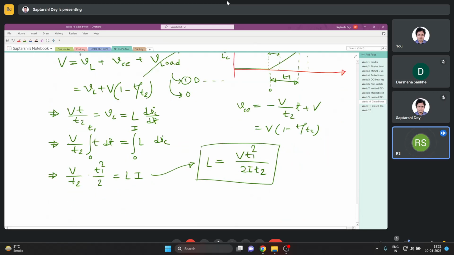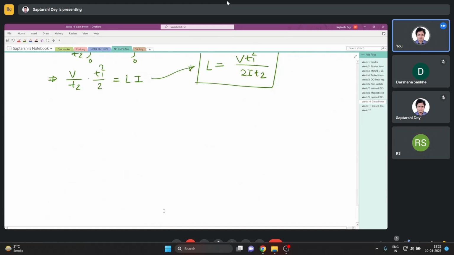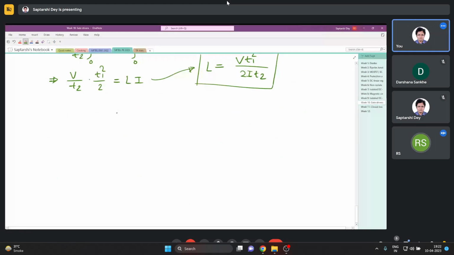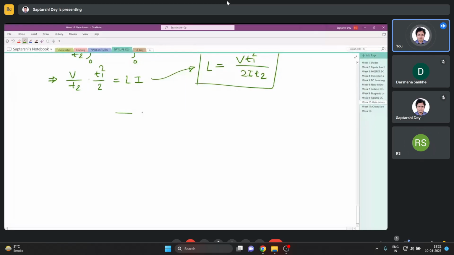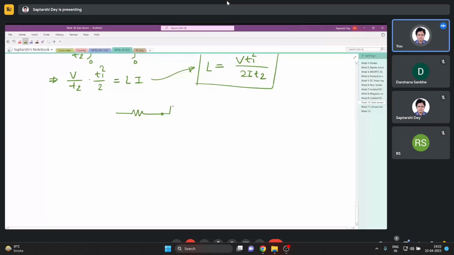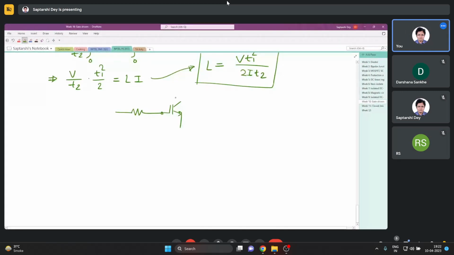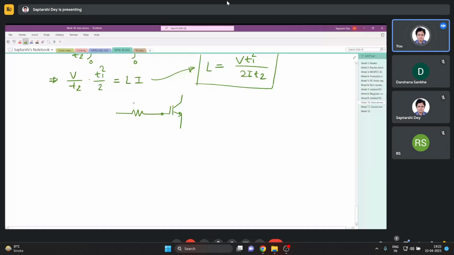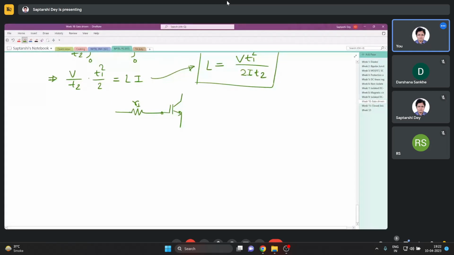Sir, I discussed these kinds of networks. Say if you have, for the sake of simplicity, I'm drawing an IGBT. If you have a resistance like this, R1, the gate resistance, it is possible to have different turn on and turn off times, maybe faster turn off or faster turn on than turn off.